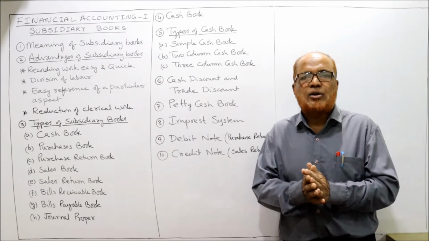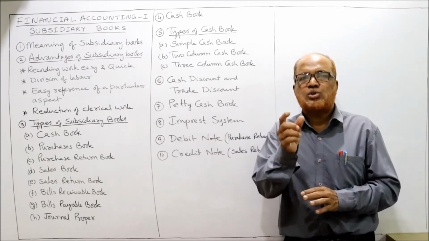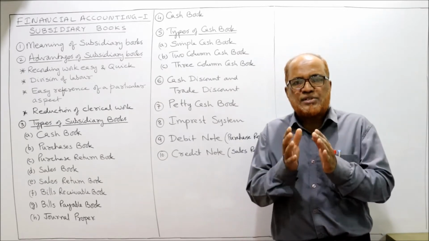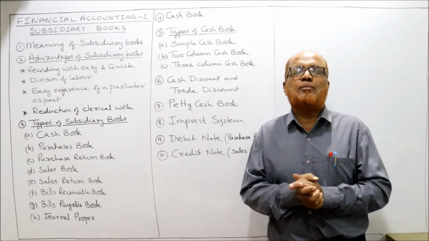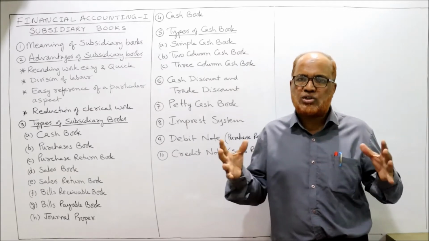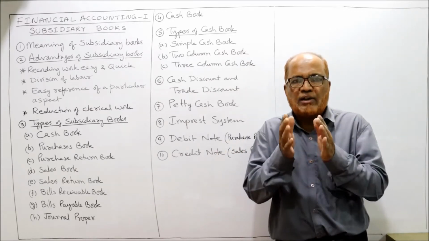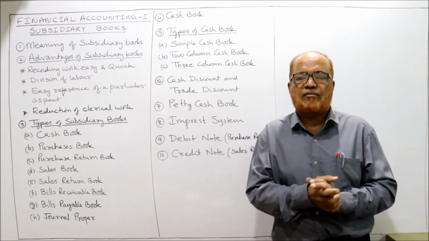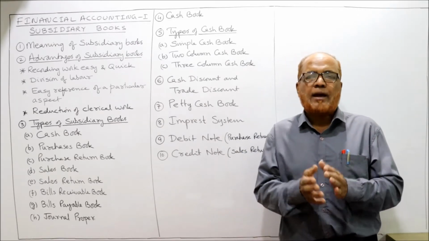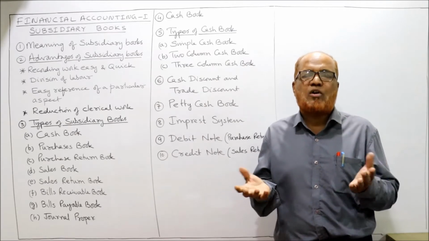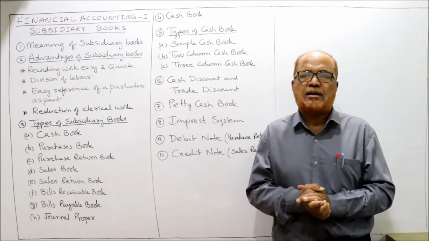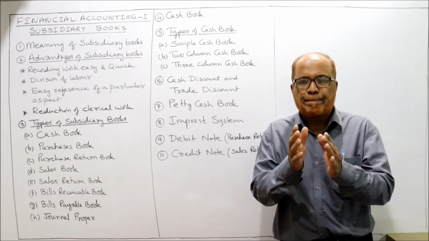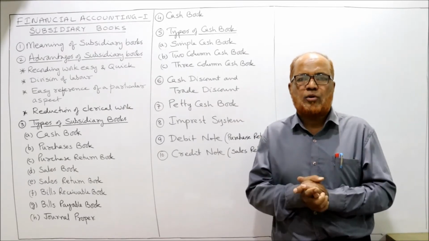So there is a need to subdivide the journal into specialized journals, into parts. So the need for subsidiary books arises when the number of transactions is more. So we divide the journal into different parts. Each part of the journal will be called a subsidiary book. And a subsidiary book is a book of prime entry, original entry, because as soon as the transaction takes place, it will be recorded first in the journal, in the subsidiary book.